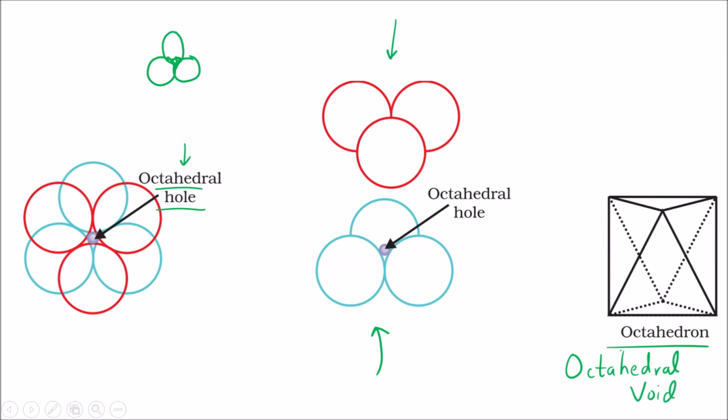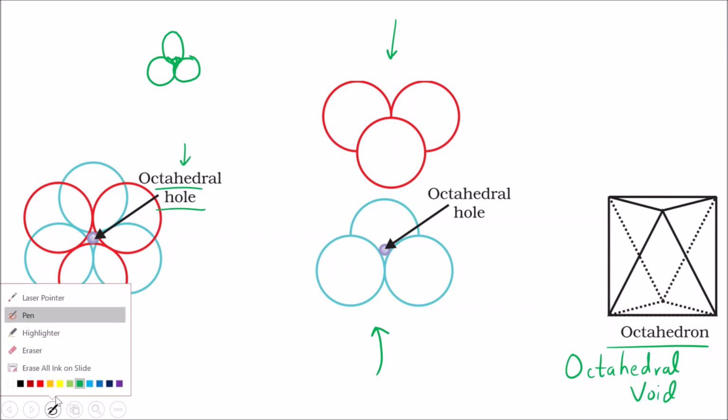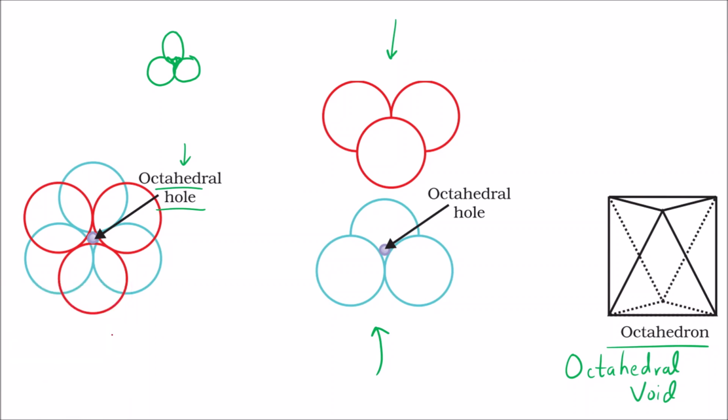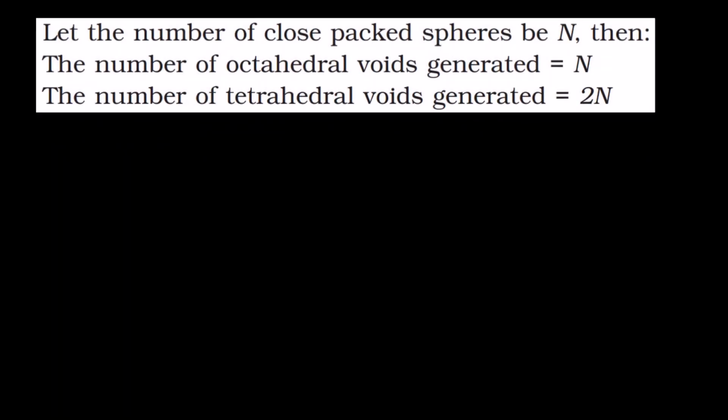As far as this theory is concerned, that is okay, but it is very difficult to imagine tetrahedral and octahedral voids in any unit cell. So how do you calculate? This is basically the formula. n is the total number of atoms present in any one unit cell.